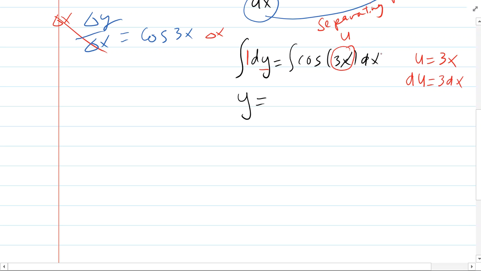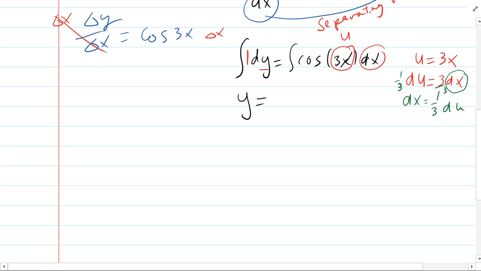Now, I have a dx up here, so I want to solve for this dx. If I get dx by itself, what do I have to do with the 3? Do I have to divide by it? Does this become 1/3 du? I divide by 3, that means I have a 1/3 out front. Does my dx equal 1/3 du?